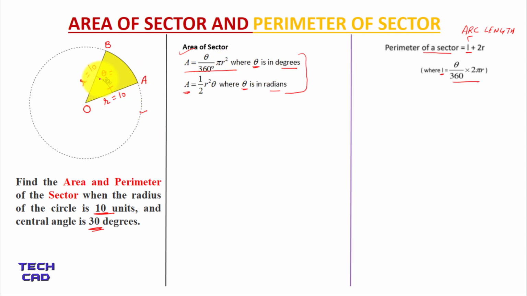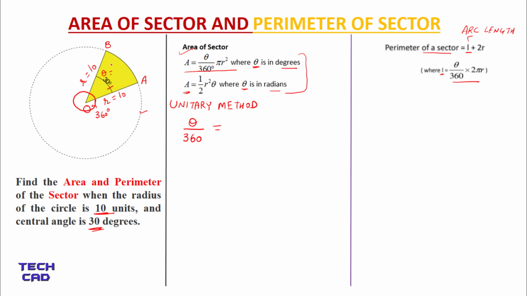So students, we know that this is a complete circle, and a complete circle makes a revolution of 360 degrees. With the help of the unitary method, we can easily derive these formulas. So we have a theta angle, which is in this case 30 degrees, divided by 360. I am taking a small angle, this 30 degrees, out of the complete angle, which is 360.